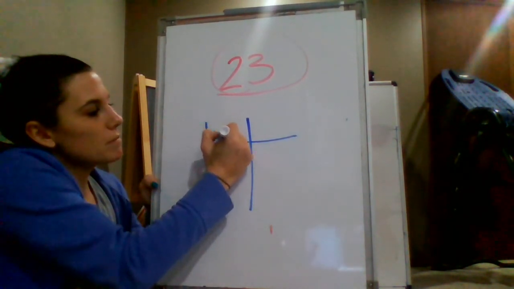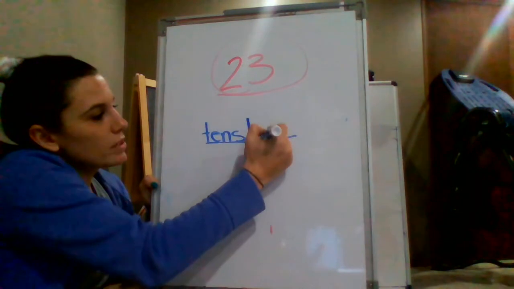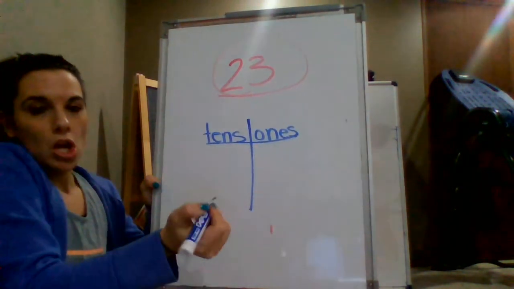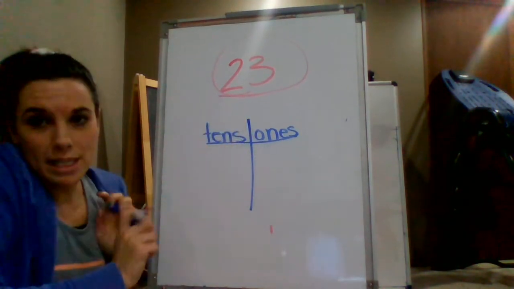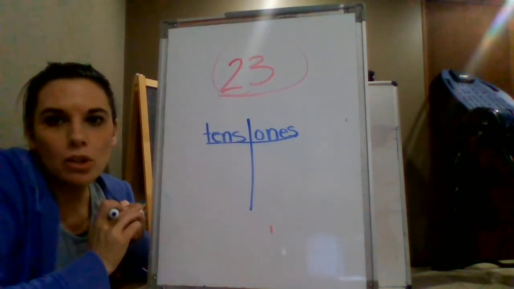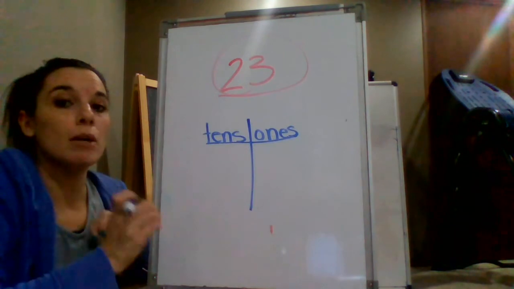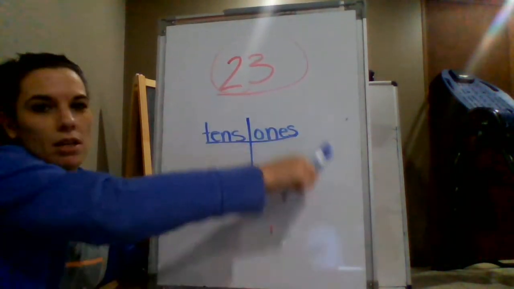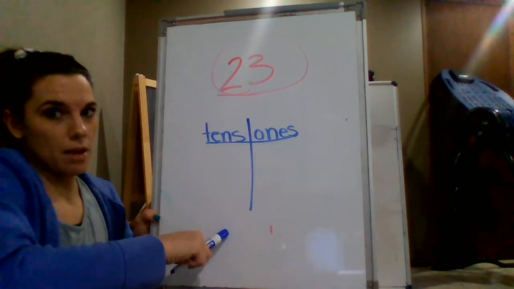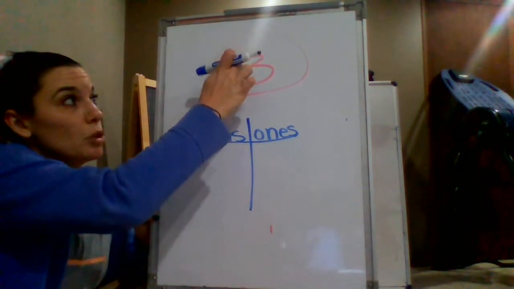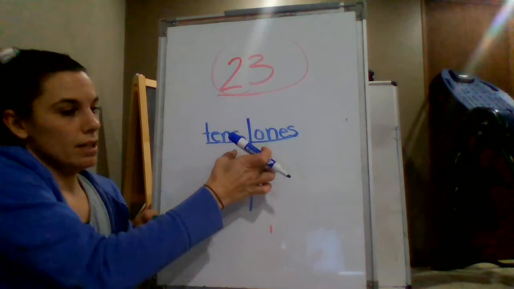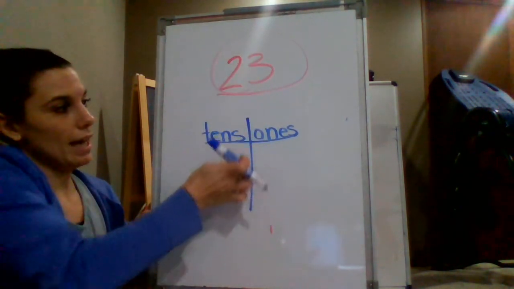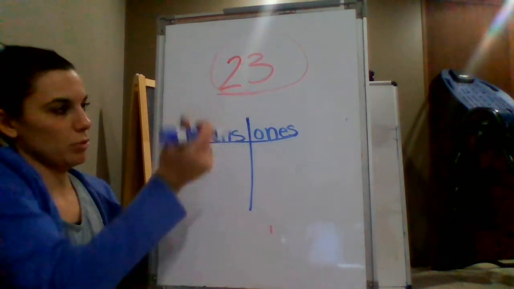But sometimes it might be hard for some of you to divide this number up into the place value. So if I give you the number 23 and I say how many groups of 10 are in the number 23, I want you to think about this 10s and 1s chart, okay? All I'm going to do is put this number into this chart, right? And this line is going to go right through the middle of the number.